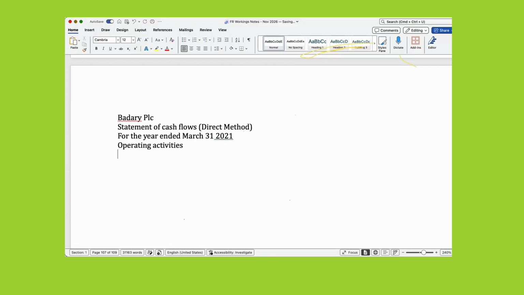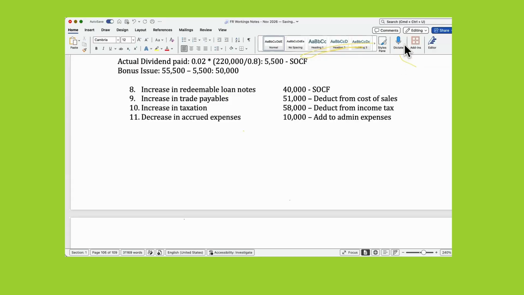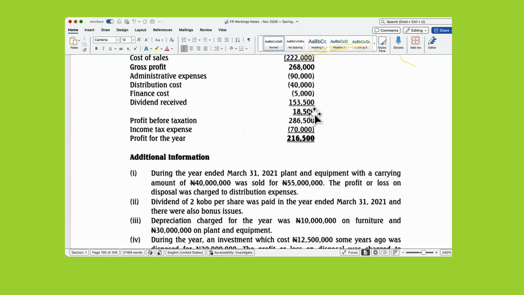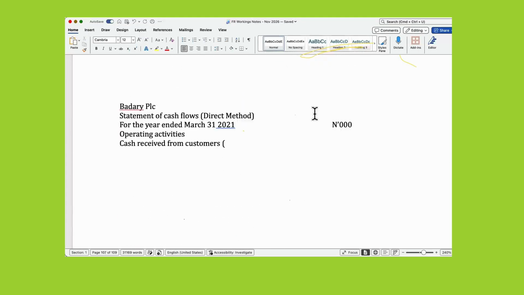So operating activities. Since I'm using the direct method, cash received from customers. How much is my revenue from the question? 490,000.